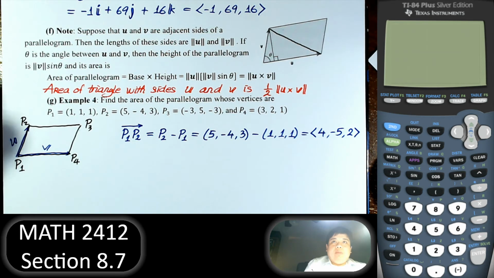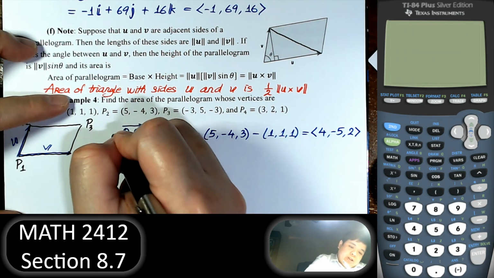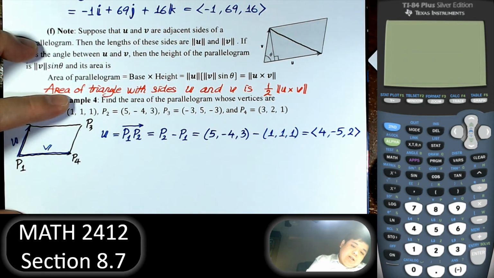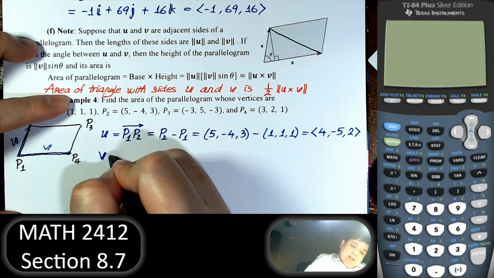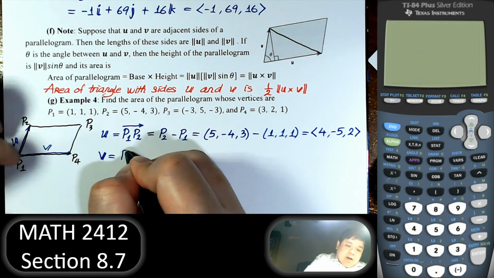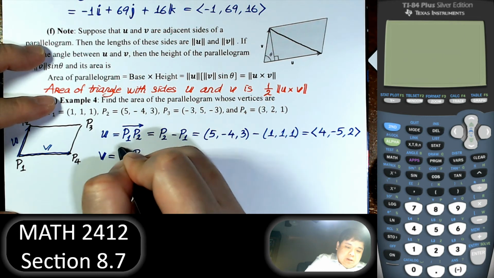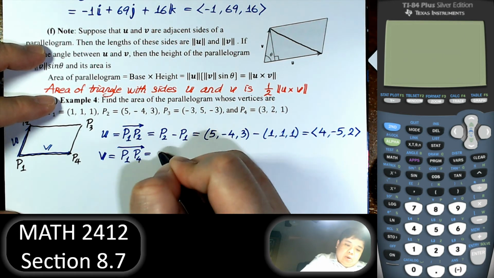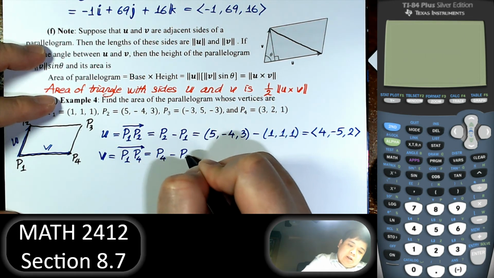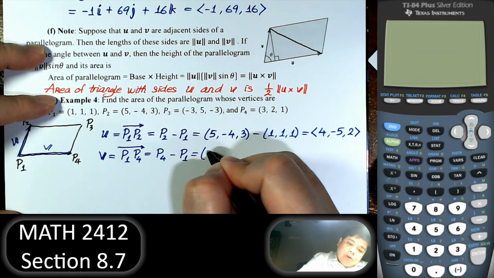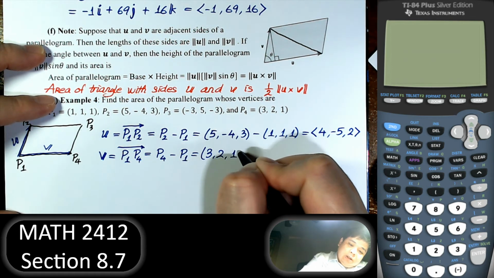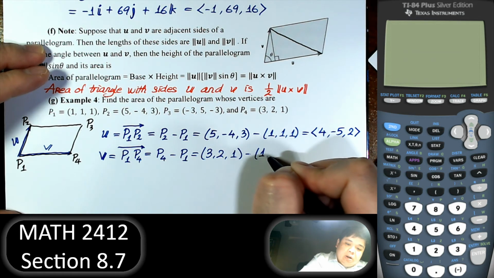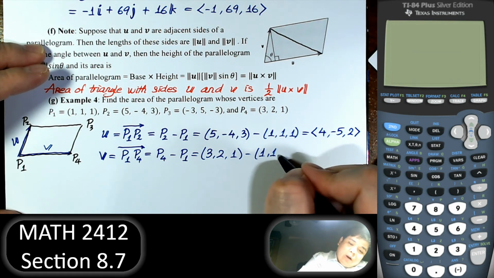So that is P1, P2, which is U. Now, V is P1, P4, which is P4 minus P1, P4 (3, 2, 1) minus P1 (1, 1, 1).